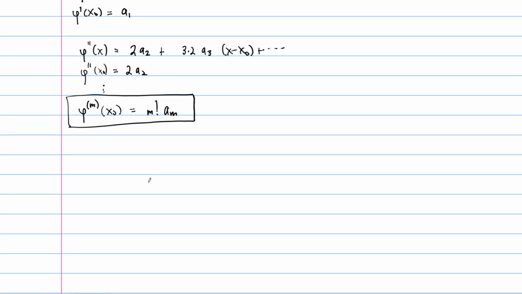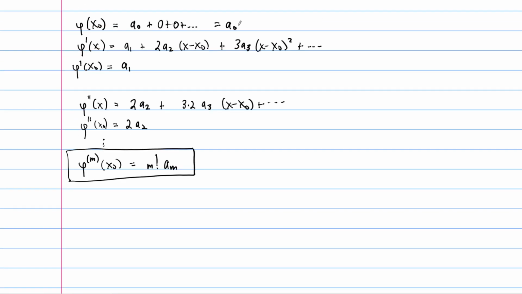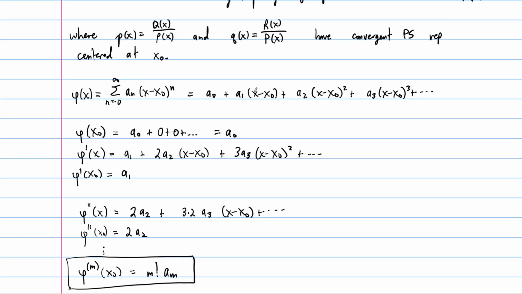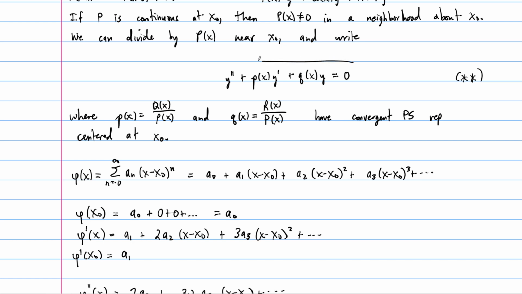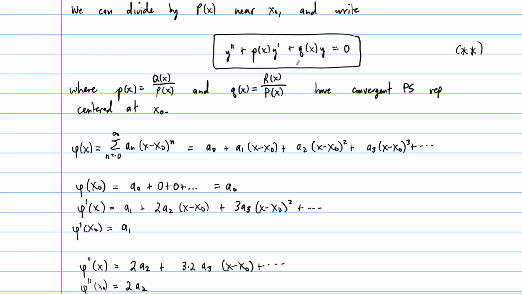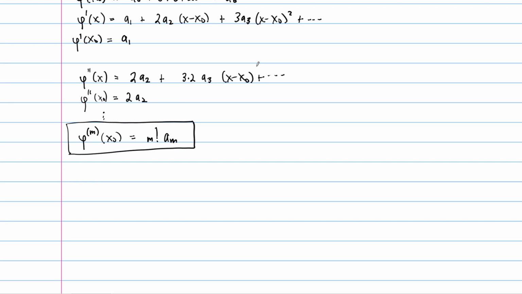All right, now here's what we want to do. By the way, we know that a0 and a1 are kind of the free ones, right? Well, if we go back to our differential equation, the 2-star form of the equation, we can solve this for phi double prime.